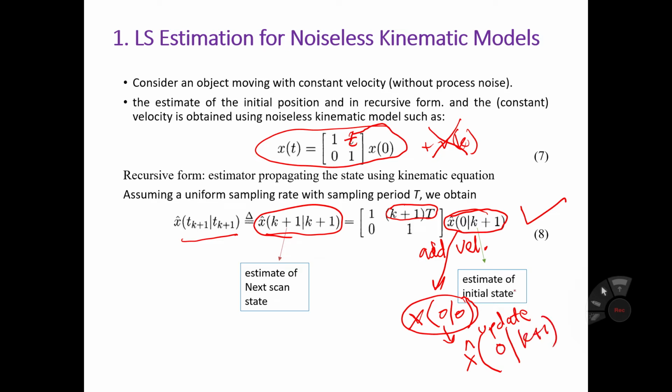So this is the estimate of the initial state. And therefore, what will be the next value in the next scan, like k plus 1? If we add this f of k, the k plus 1 times t, then it will give you the next scan estimate.